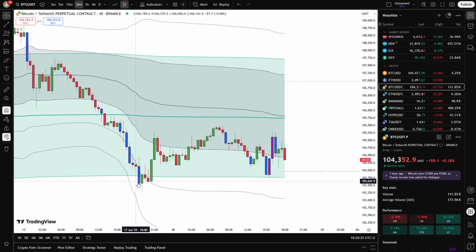So that downside should be aggressive, and that upside should be aggressive as well. Here we only saw aggressive downside and zero aggressive upside, meaning this is controlled selling and not a proper deviation we want to buy.